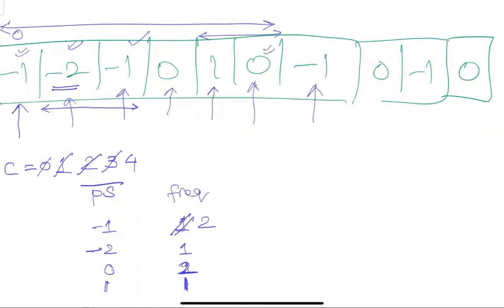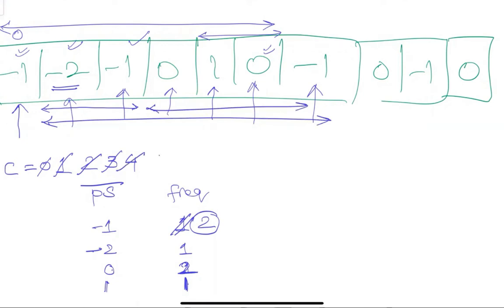Yes, and how many times? 2 times. That means they should be contributing 2 subarrays. One is this, another is this. After that -1, whichever subarray comes, that will give us the count of 4 plus 2, 6. And now -1 becomes 3 times.